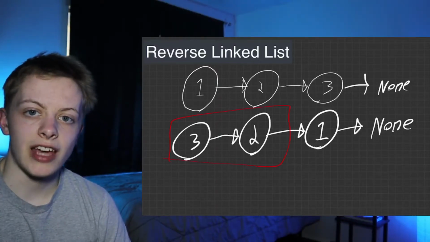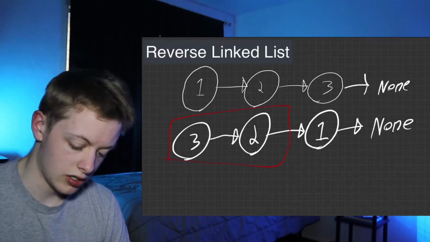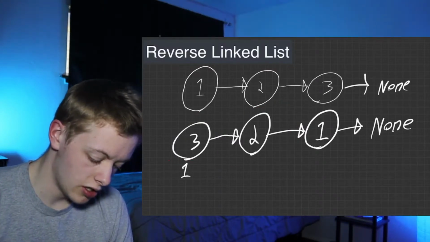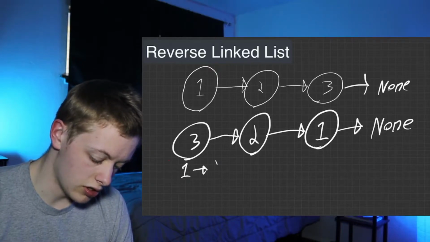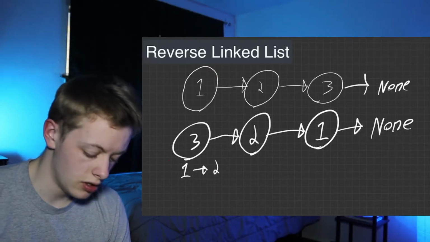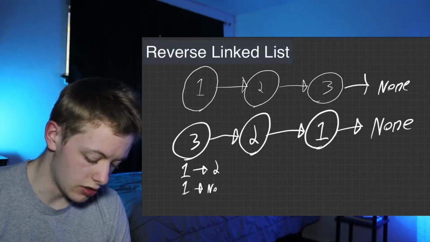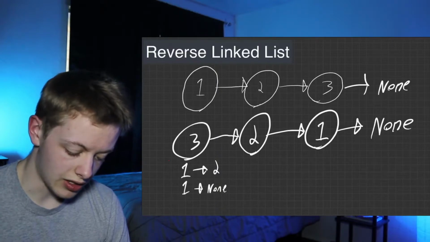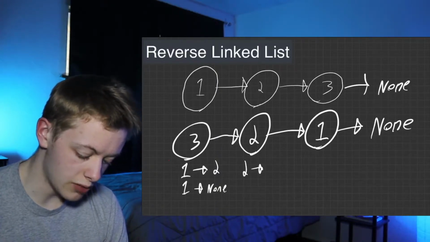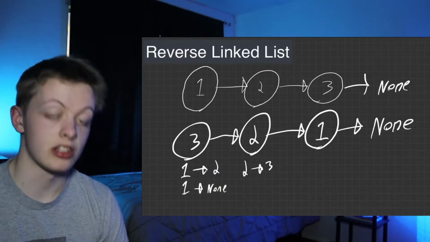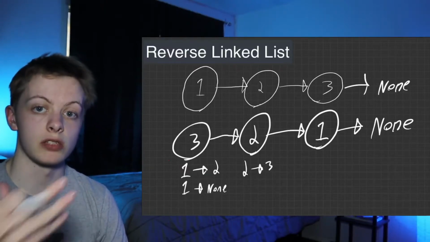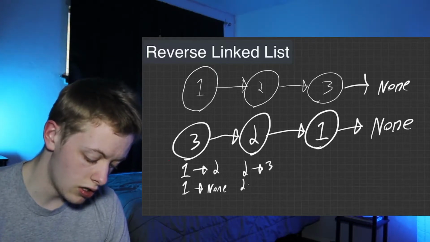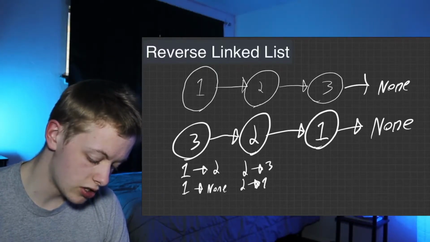Alright, so let's write down how each node has changed. Before, the 1 was pointing to 2. Now, the 1 is pointing to none. Now let's take another look at the 2, which was pointing to 3. And when I say was, I mean in the example on our top, the original linked list we were given before the reversal. And now 2 is pointing to 1.